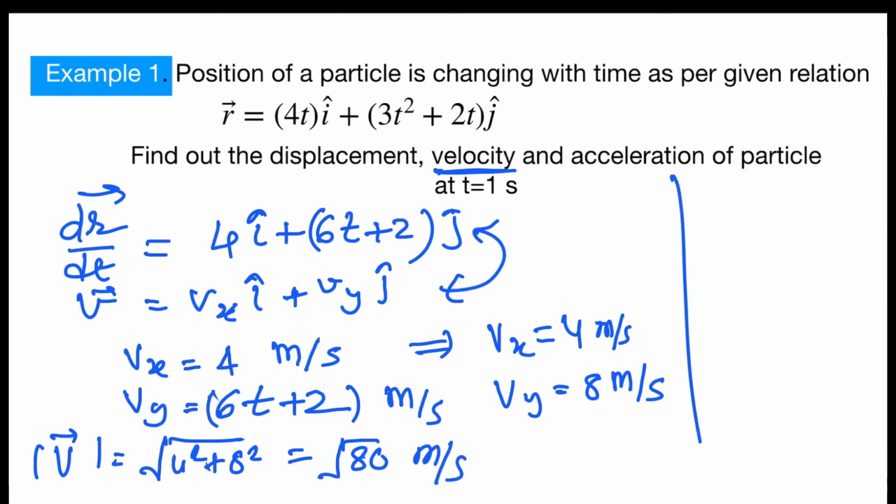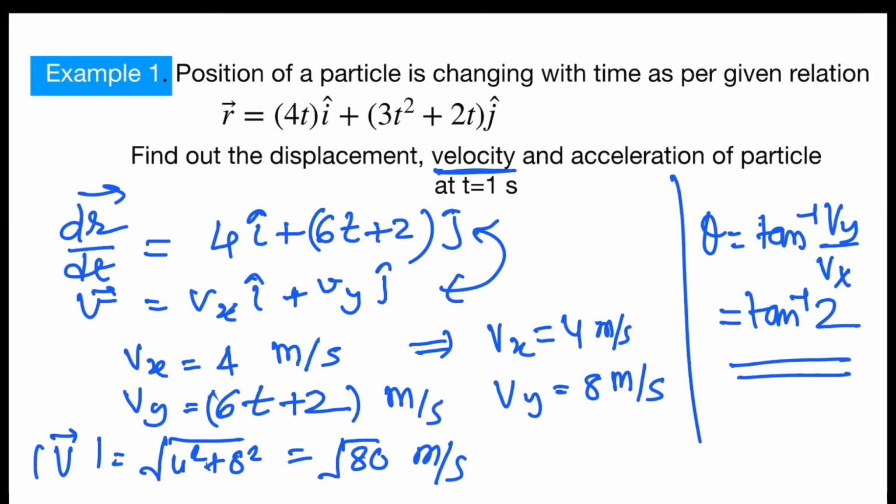Since the velocity is also a vector quantity, its direction is given by theta equal to tan inverse of vy upon vx, where theta is the angle of the velocity vector with the positive x axis. Here this is equal to tan inverse of 8 by 4, which is tan inverse 2. So here the magnitude of velocity is square root of 80 and the direction is tan inverse 2.